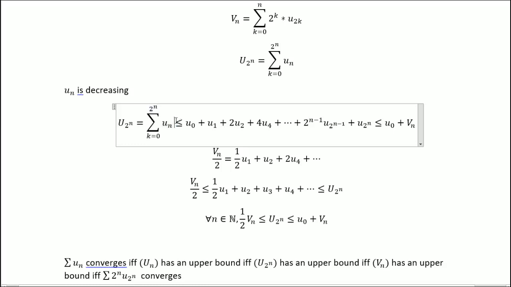So it's inferior to every term of this sum. So basically what I just do is I just develop every term, and this is inferior to u_0 plus V_n, because it's this.